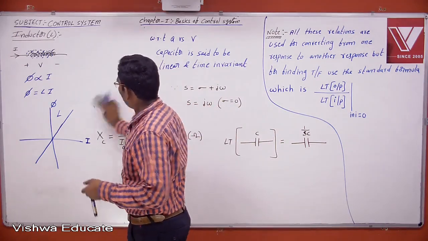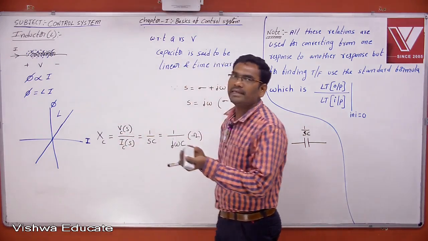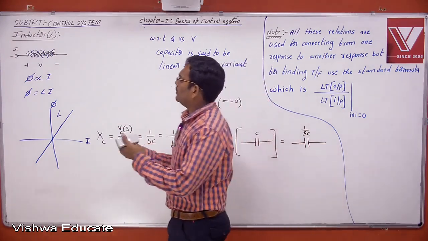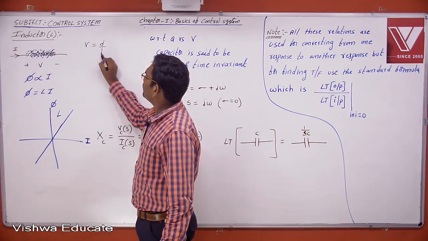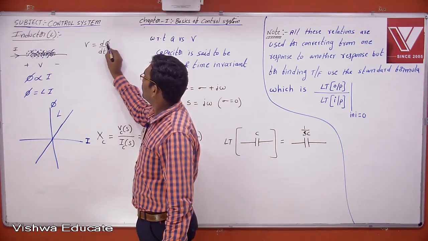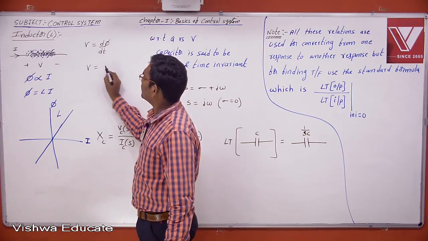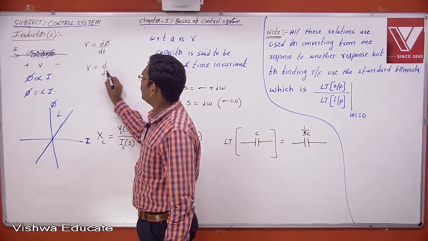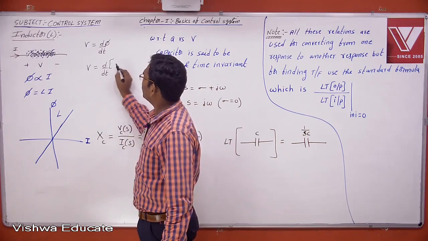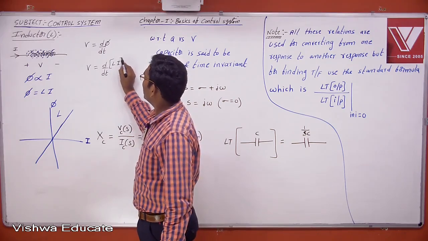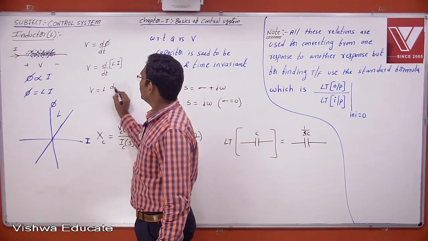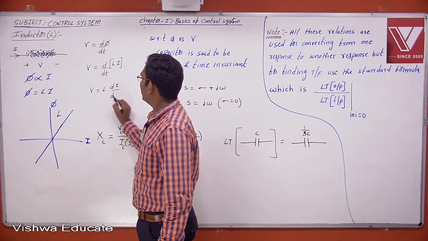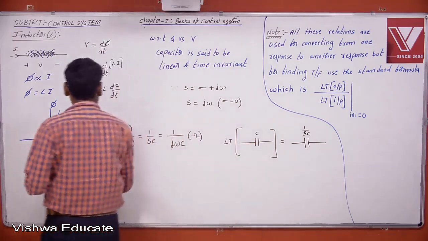Now in the same way here also, this is the linear characteristics. So the voltage, which is equal to the rate of change of this flux, where flux equals L into I. Since this L is constant, V equals L into di by dt.